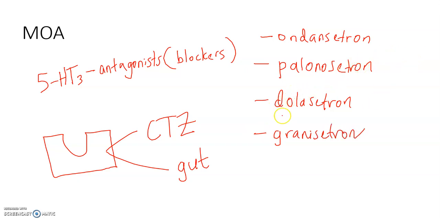So we have DGOP: Dolasetron, Granisetron, Ondansetron, Palonosetron. But I think Ondansetron is the most commonly used drug in the group, as far as I know.